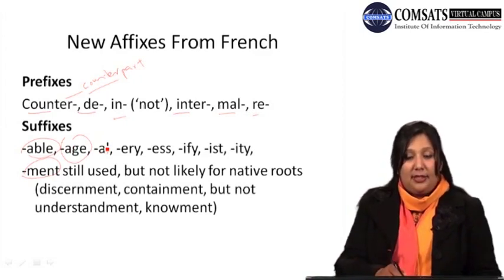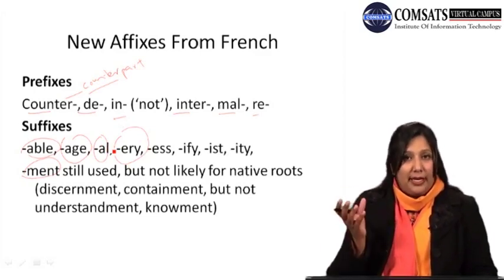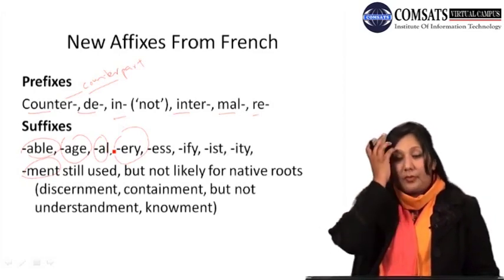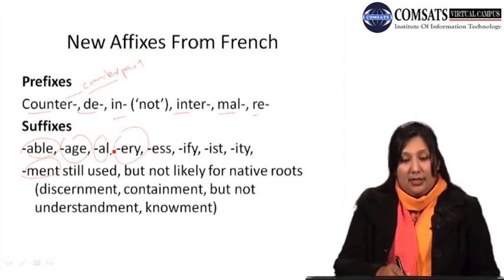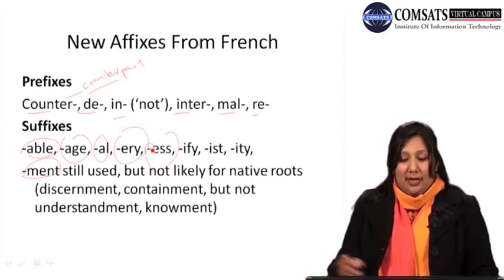Okay, and then the word ary, for example, customary, ary is a suffix to the word custom. Okay, then the next is ness, for example, kindness. Ness is a suffix to the word kind.